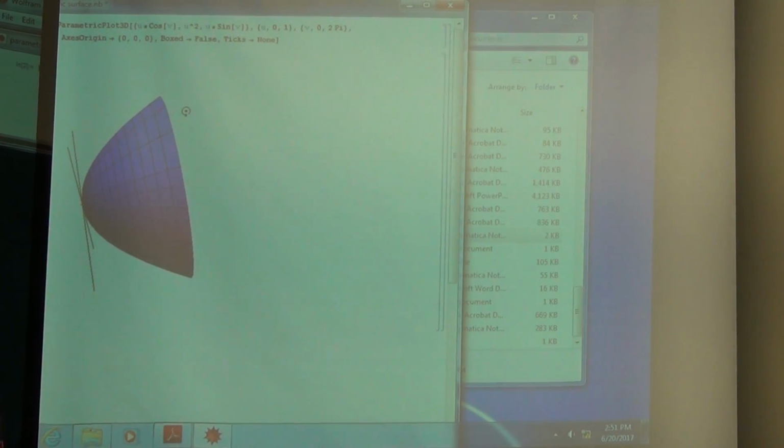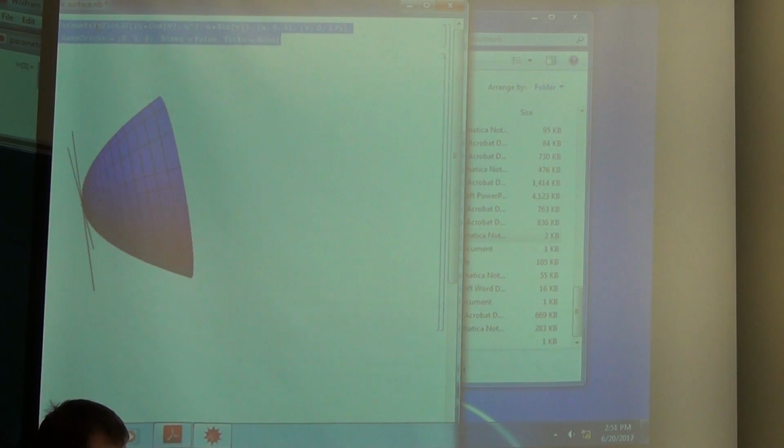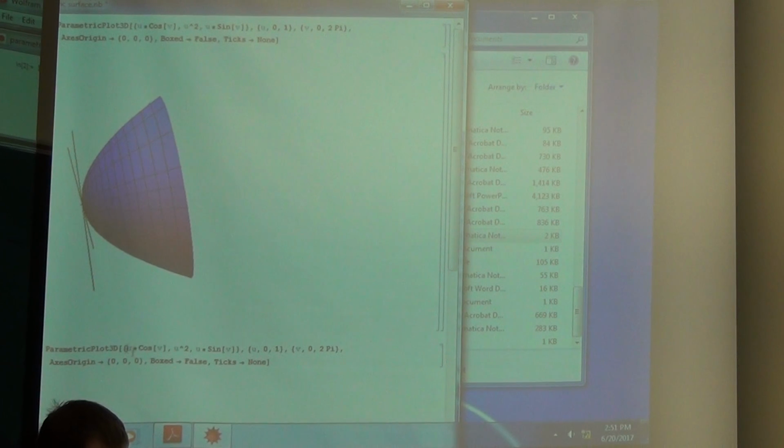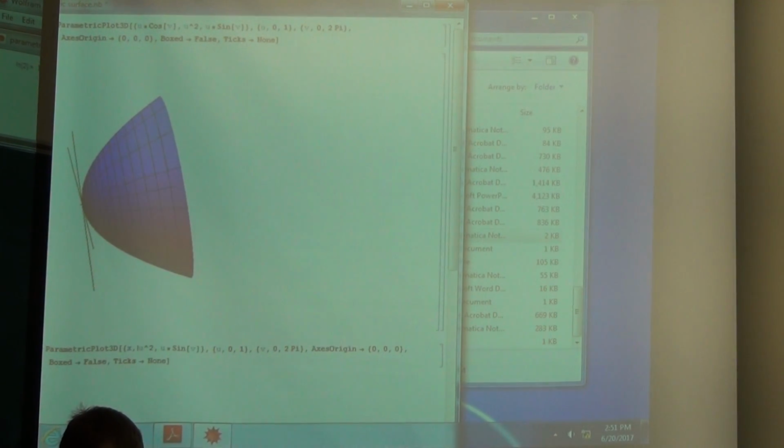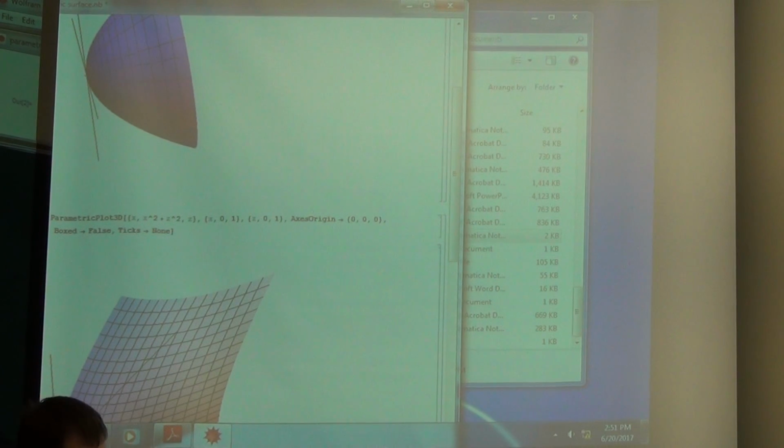And I warned you last time that you should be careful, because if you do it blindly, so let's just call it x, x squared plus z squared, and then z, and you have them both go from 0 to 1, you'll see you get the wrong piece.